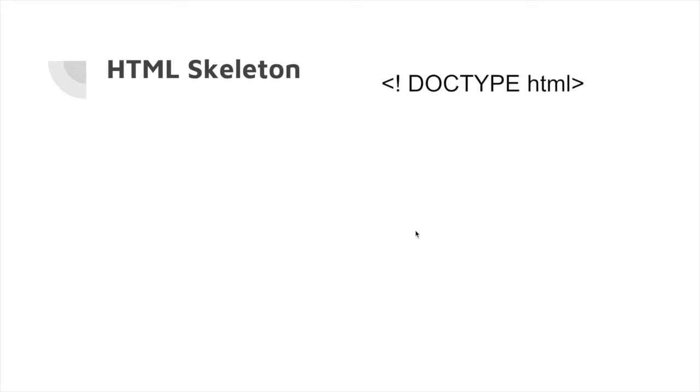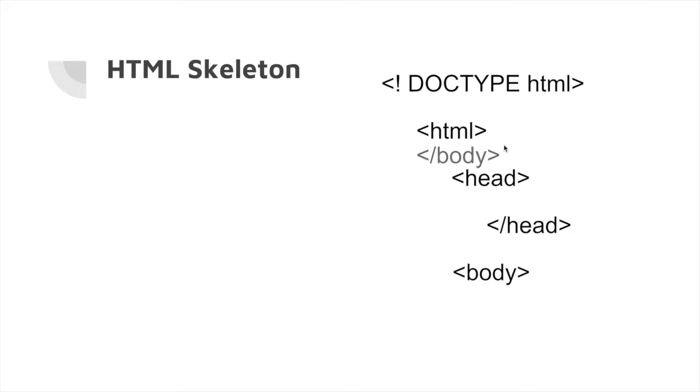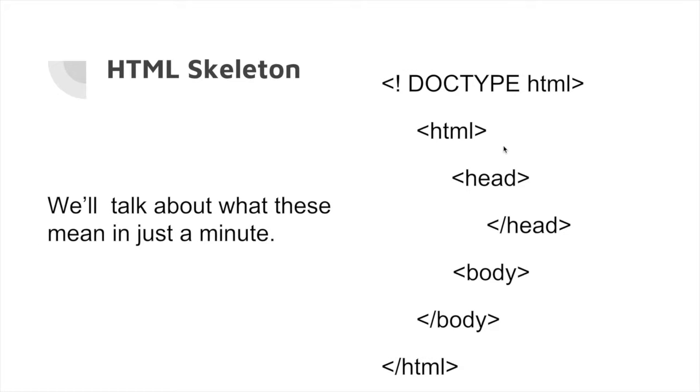Okay, so let's talk about something that is extremely important if you want to do anything with HTML, and that is the HTML skeleton. So we're going to talk about all this in a minute, but just know that this is the skeleton of every single web page out there. You can't have HTML, you can't have a website without pretty much all of this.